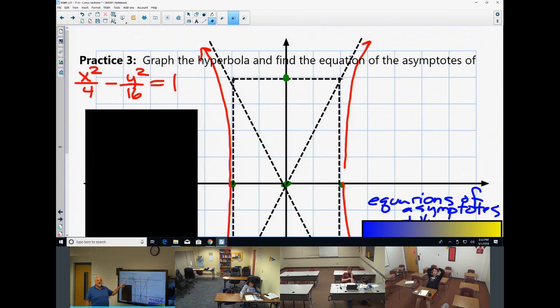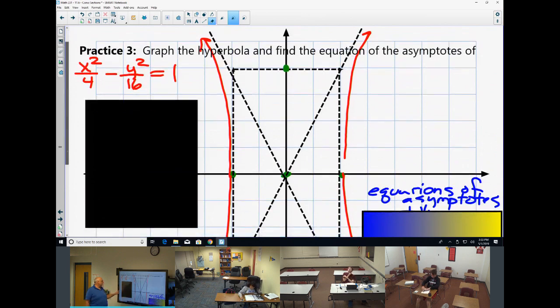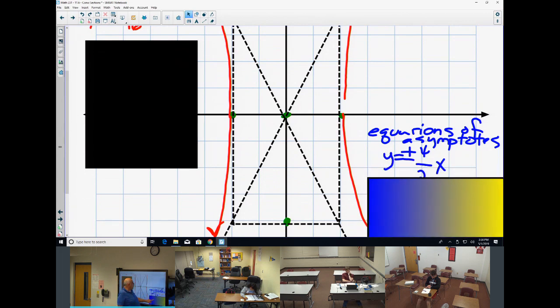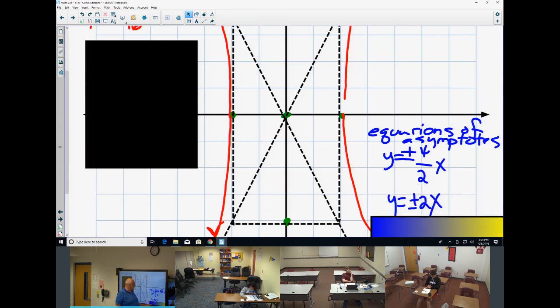So what's the square root of that? 4. Over the square root of the number under the x. And so what would that be? 2. And so it's going to be y equals plus or minus 4 over 2x. And then that simplifies to y equals plus or minus 2x. Okay? All right, any questions on that?